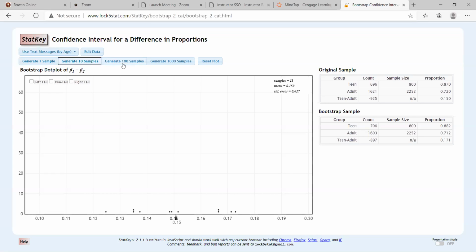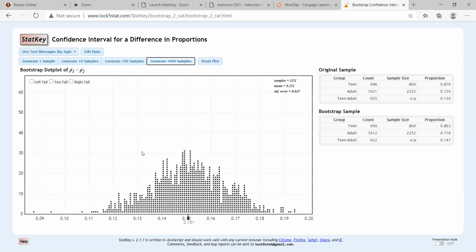So again, if you create your distribution of these bootstrap differences in proportions, remember all these numbers down here represent the difference between the teen group and the adult group in terms of proportions. So how many do we have here? I think 1,111 of these dots, 1,111 bootstrap samples, the difference in the proportions between the two groups.